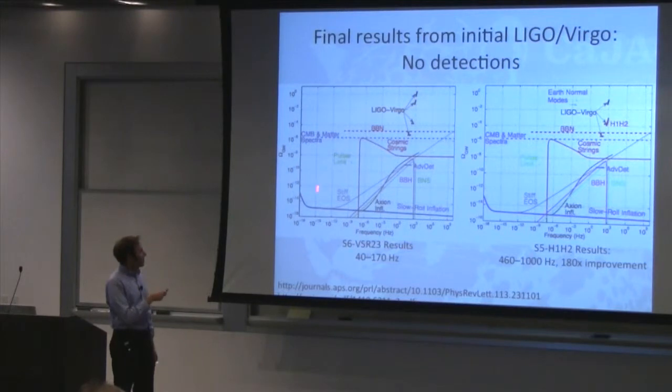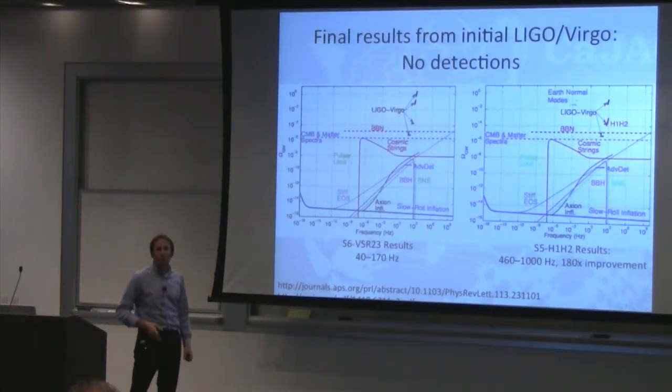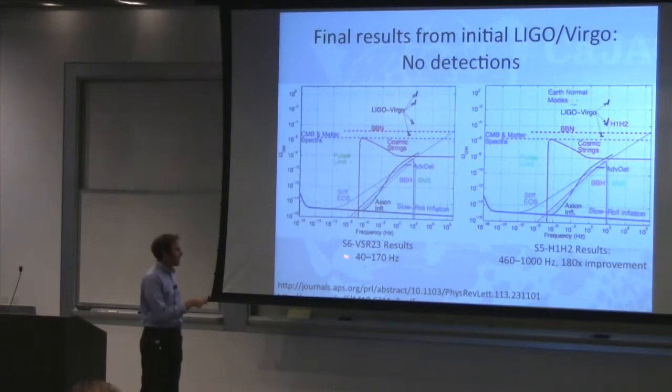The one on the left is showing energy density limits as a function of frequency, and the LIGO results of these little ones up here for our most recent science run, which was S6, and then the Virgo detectors of VSR 2 and 3. And this one was just published in Physical Review Letters.